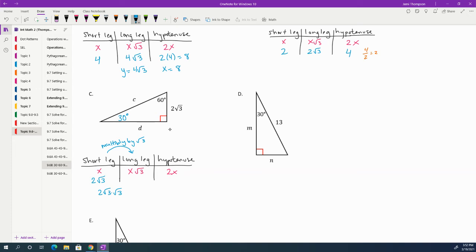Excuse me, 2 times the square root of 9. Square root of 9 is 3. So the long leg is just 6. All right, I can dig that. And to get from the short leg to the hypotenuse, I multiply by 2.